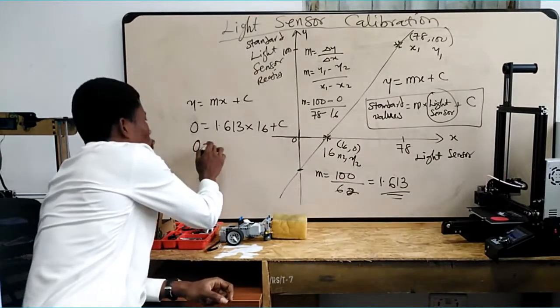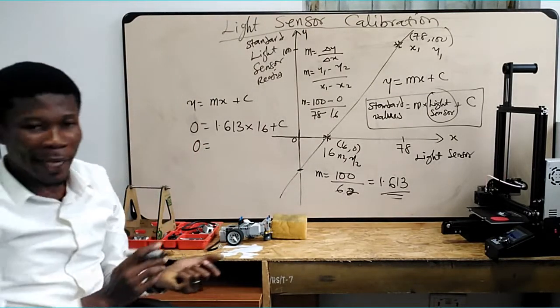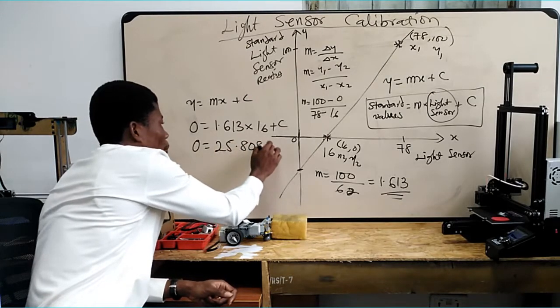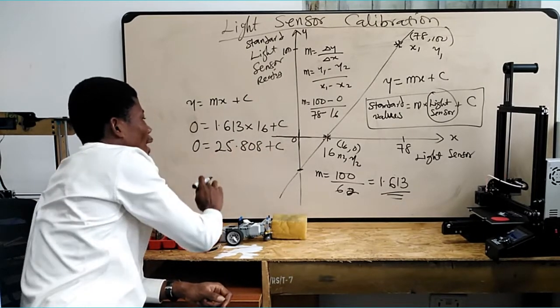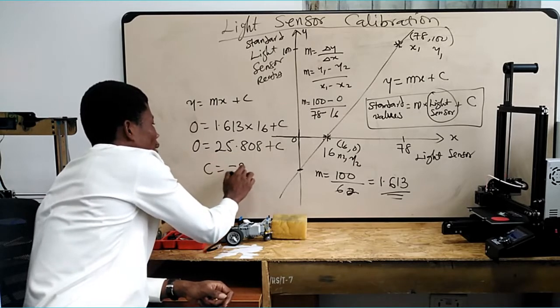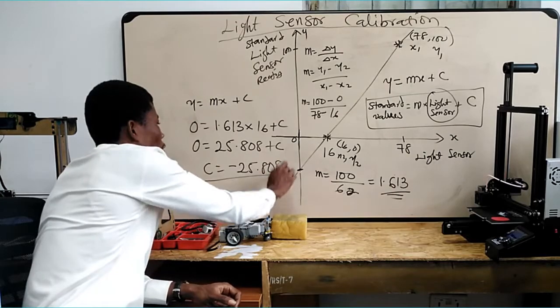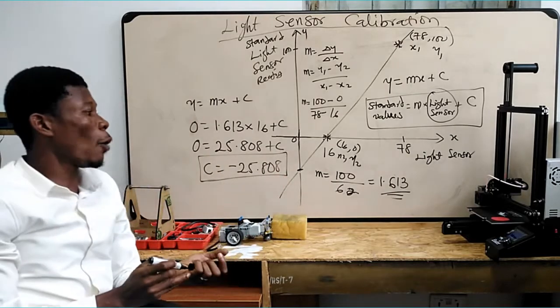So we have 0 equal to, if we multiply that, 25.808 plus c. This can move to the other side, so we can say c is equal to minus 25.808. So now we have come up with our gradient and our y-intercept.